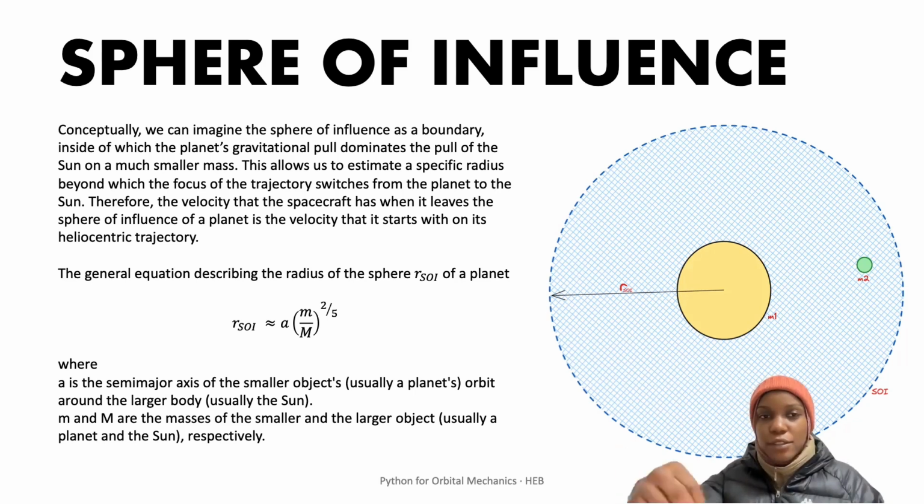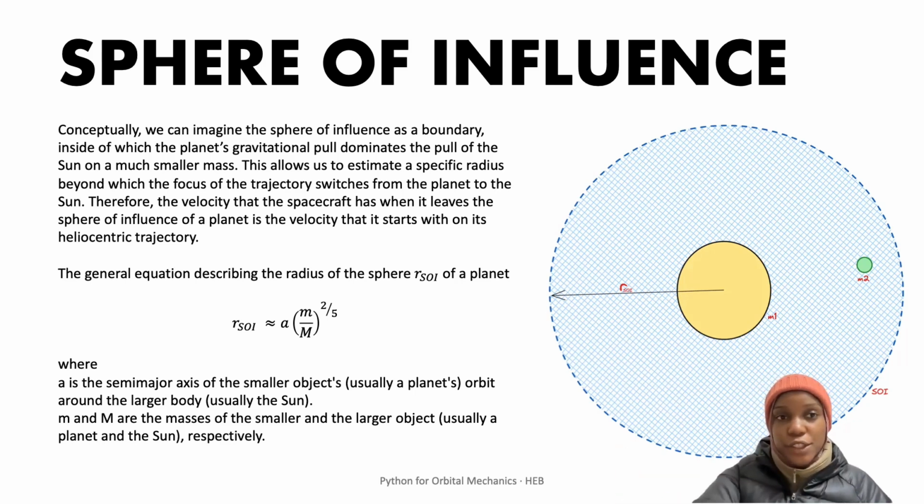If our spacecraft is on the trajectory to Venus, we don't want it to accidentally fall into the sphere of influence of, let's say, Mars on its way there. So we need to know how far the influence of some bodies extends so that we can plan our trajectories accordingly. The general equation is normally described as the radius of the sphere of influence, and it's calculated using this formula.